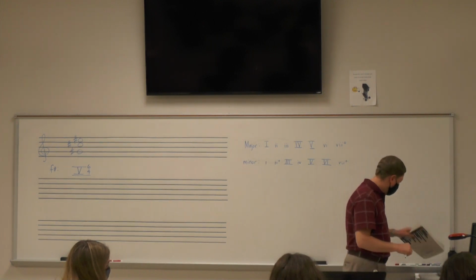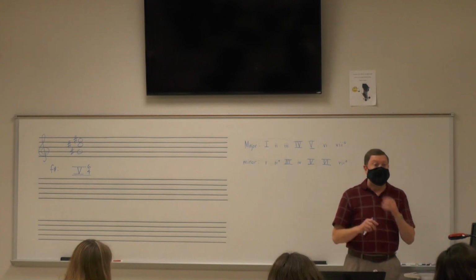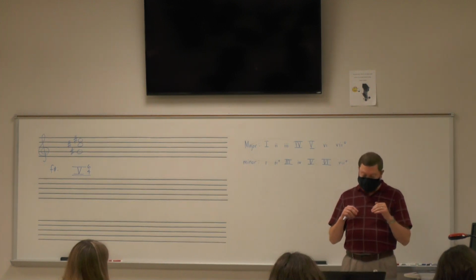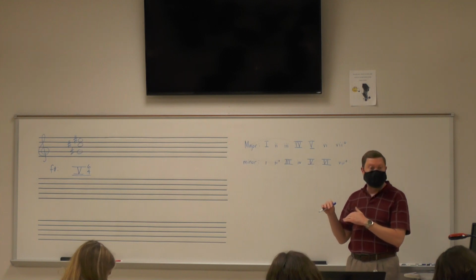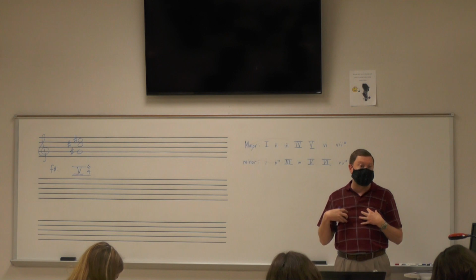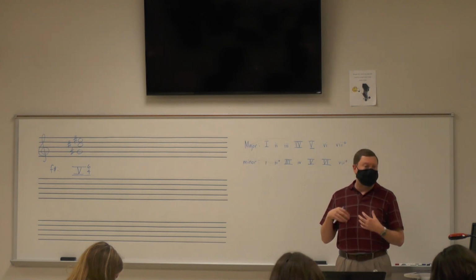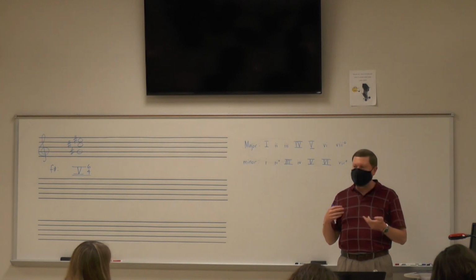Oh, did we not? Yeah, on the assignment sheet, I wrote no lead sheet symbols. So in other words, all you need to do is show me the Roman numeral underneath the chord. You don't have to do any of those other symbols above, because we haven't learned those yet. And I won't make you do those until we actually get to those. And even then, I'll only have you do those for maybe a few classes, and then we'll drop them.